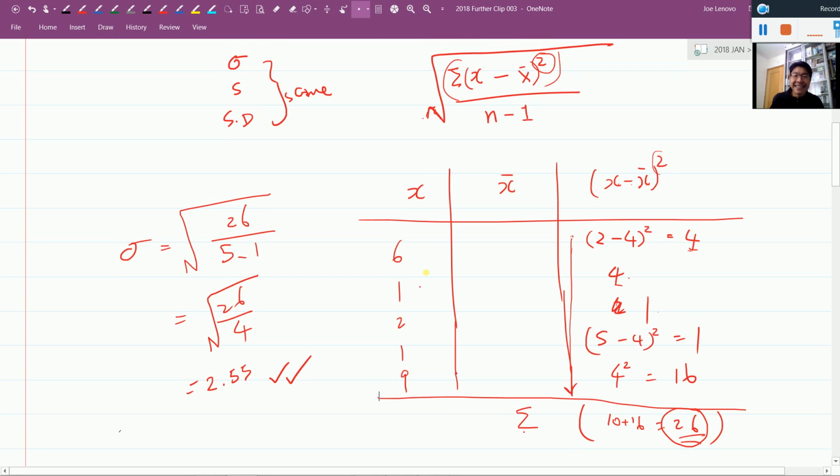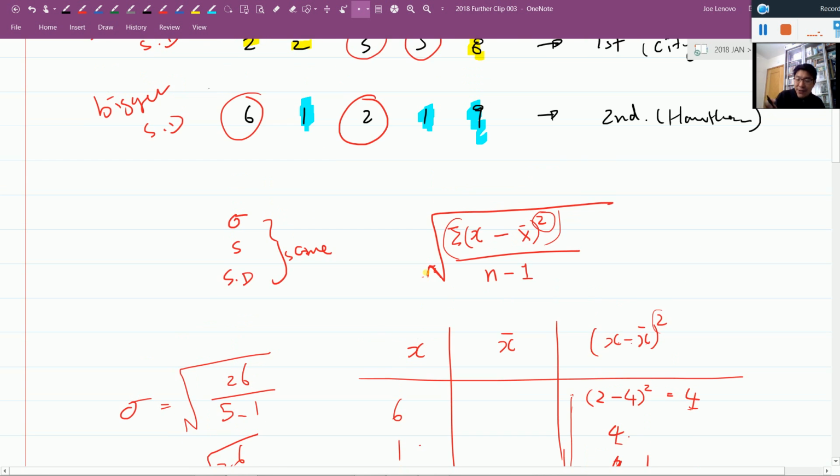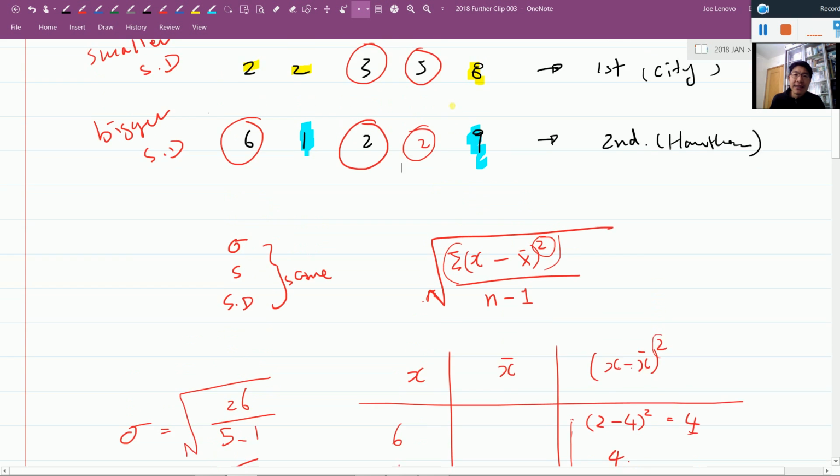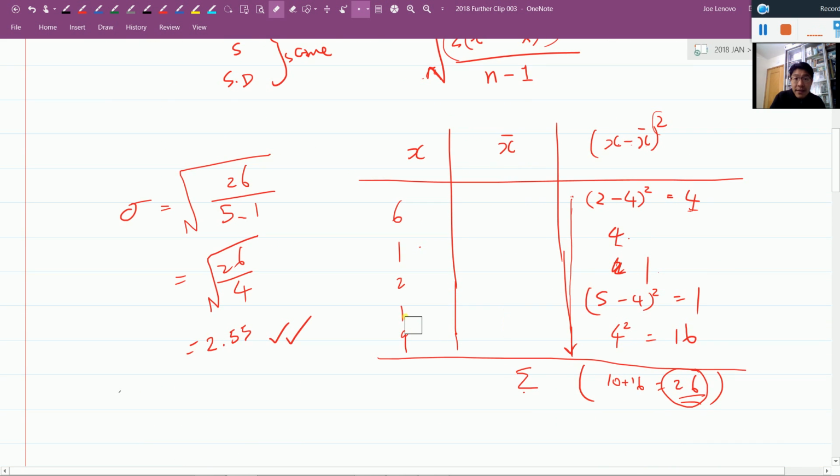Let's change it. That's a bit too big here. If I change that one into 2, that would make it 20, and making it 20 would be much easier to calculate. So 6, 1, 2, 2, 9.